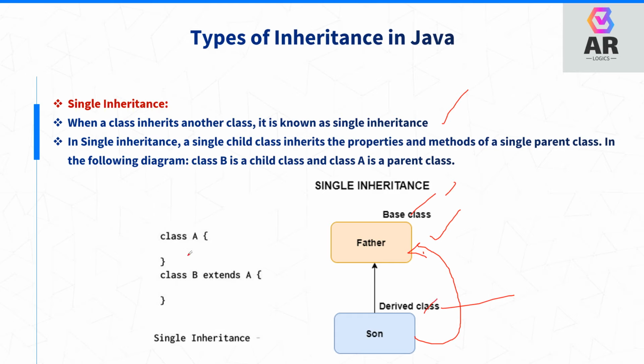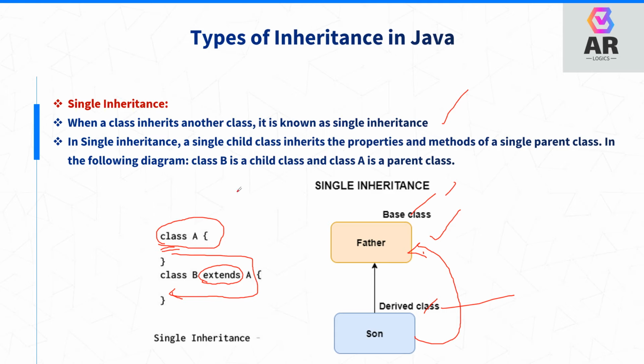See, class A, and all the fields and methods are inherited using the extends keyword. In single inheritance, a single child class inherits properties and methods from a single parent class.